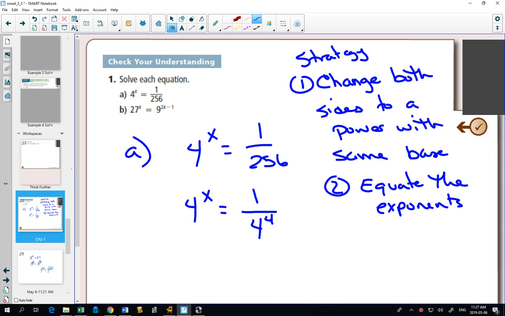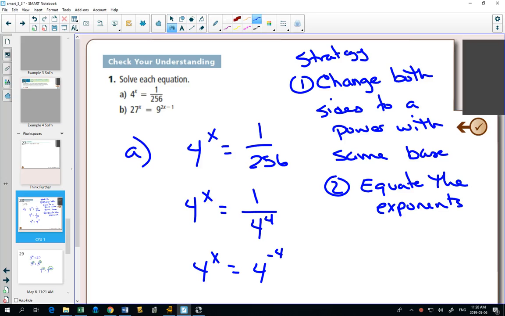Now we haven't quite changed both sides to a power with the same base. This has a base of 4, but here the 4 is in our denominator. What exponent rule could I use on the right-hand side to write this as 4 to something? 4 to the power of negative 4.